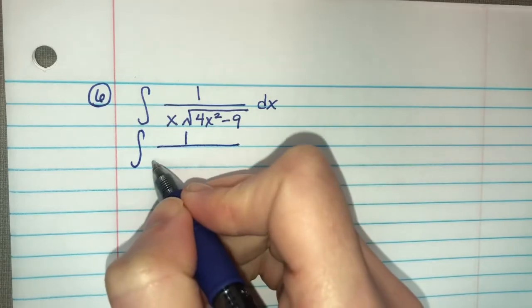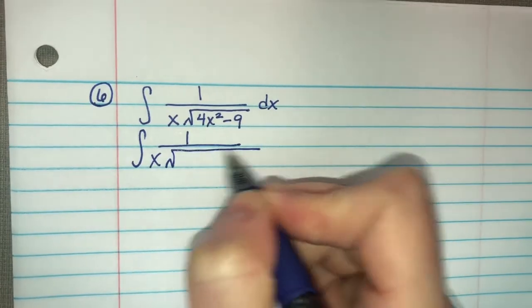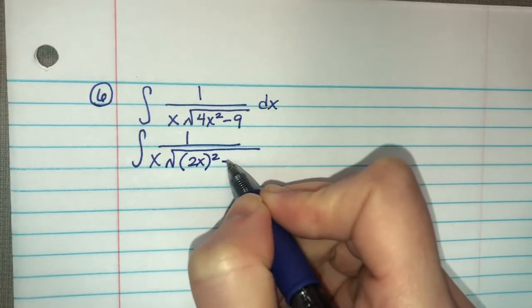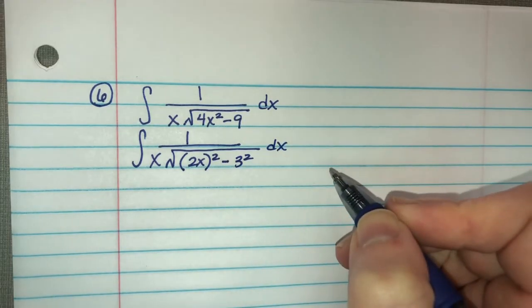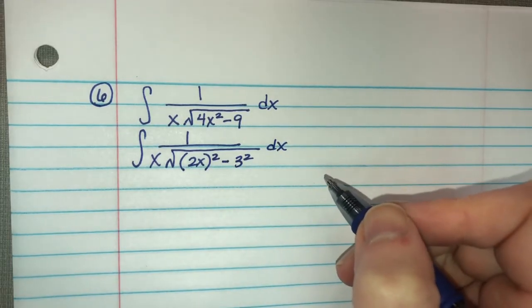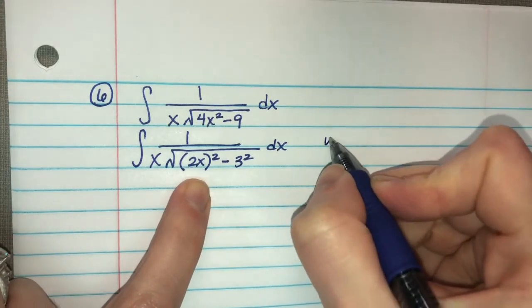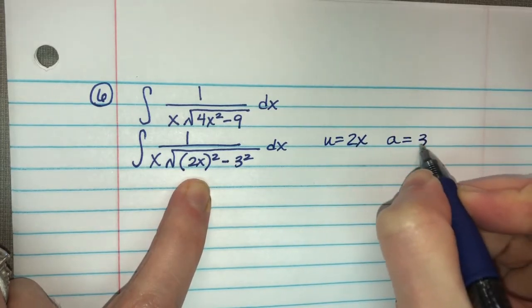This would be like 1 over x times the square root of, this is a 2x quantity squared minus a 3 squared dx. Now, it looks like our u value would be equal to 2x and our a value would be equal to 3.